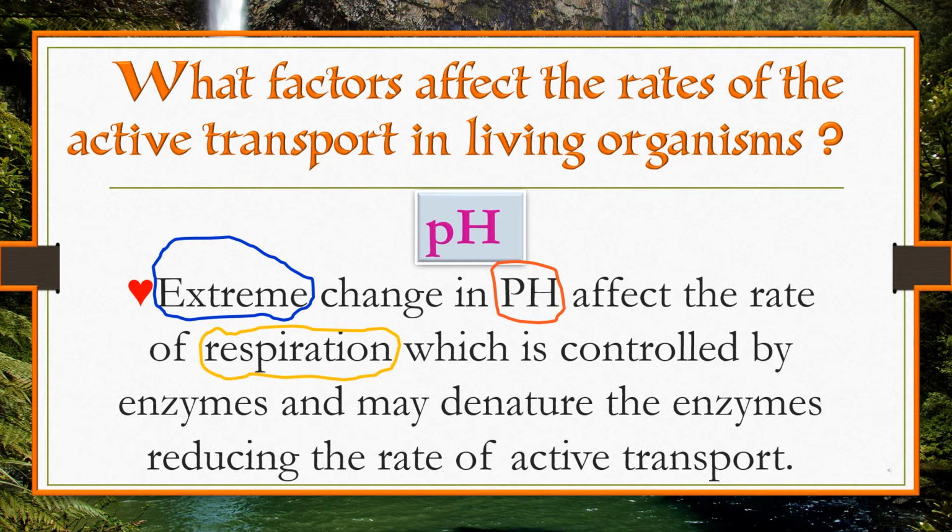And we know that the respiration reaction is controlled by enzymes. If we change the pH extremely, then we are going to denature the enzymes. And when you denature the enzymes, the activity is going to reduce, and thereby we are going to affect the rate of active transport.